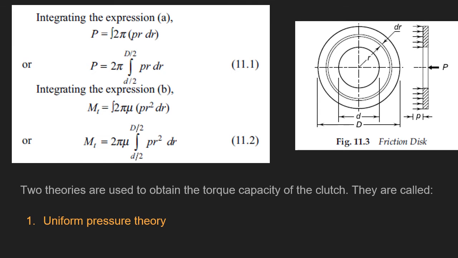There are two theories used to obtain the final torque capacity of the clutch: uniform pressure theory and uniform wear theory. We will use these two theories, substitute them into formula 11.2, and you will get the torque carrying capacity formula for the clutch, which we will see in the next slide.